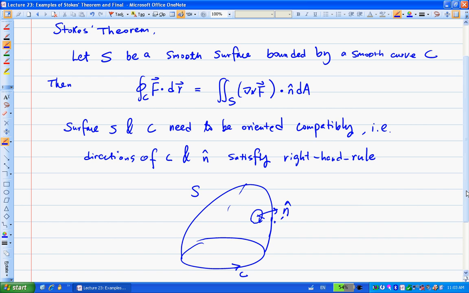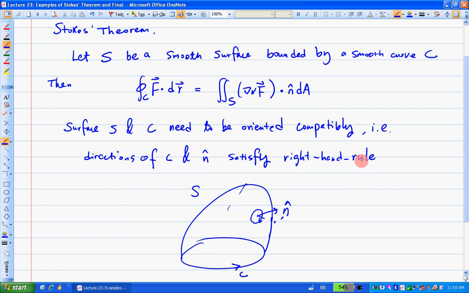And the important thing is, you need to orient the surface S and C compatibly. This means the direction of C and the orientation of S, which is represented by n hat, the unit normal vector, need to satisfy the right-hand rule.